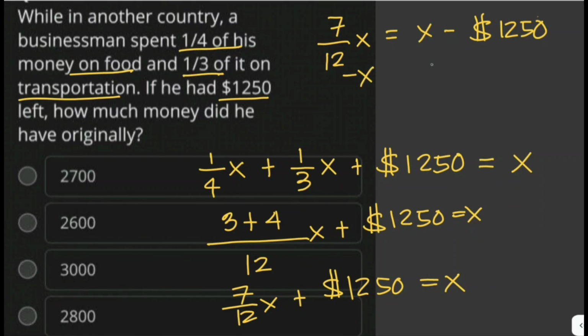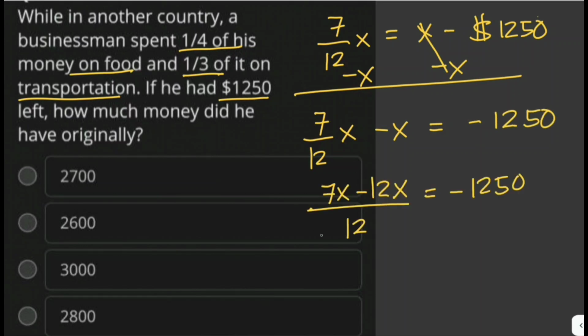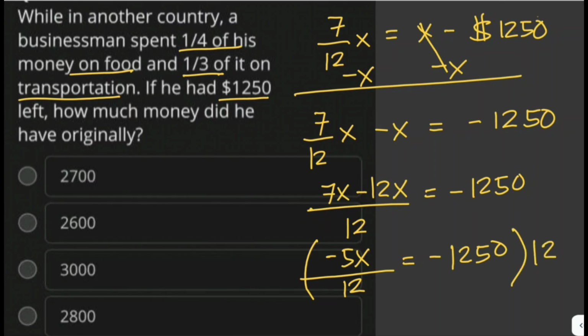Then subtracting X from both sides, we have 7/12x minus X equals negative 1,250. Now this is what we get when we subtract 7/12x and X. So that would be negative 5x over 12 equals negative 1,250, and then we multiply both sides by 12.